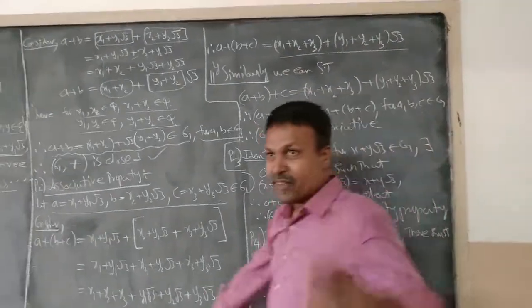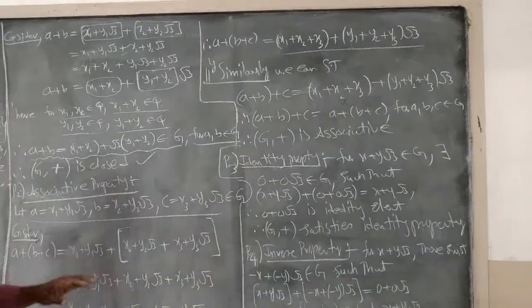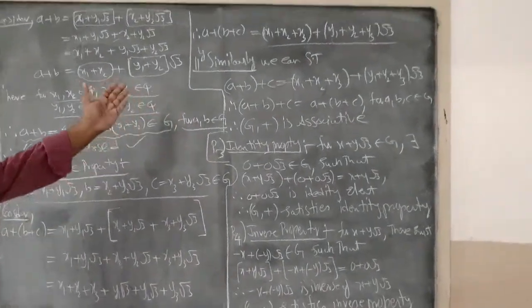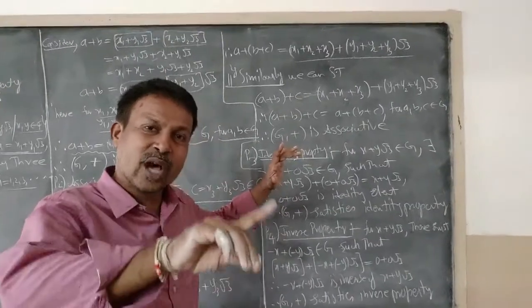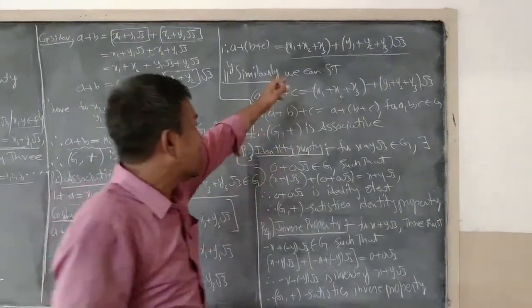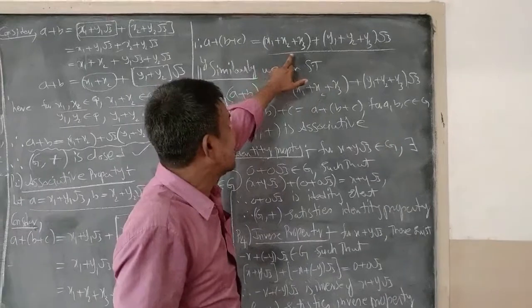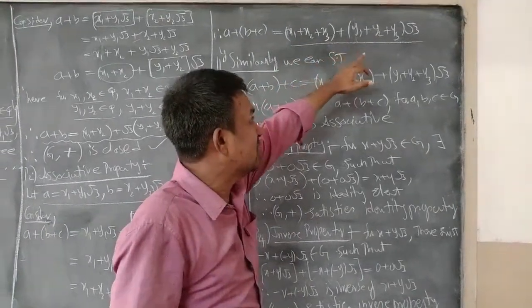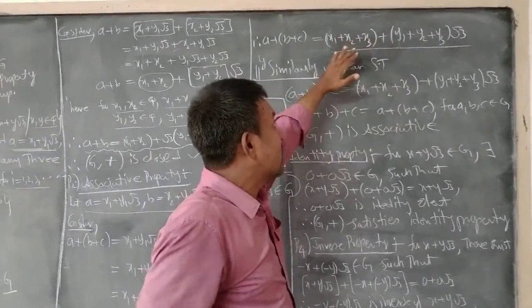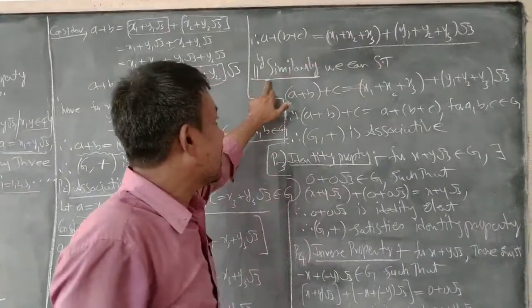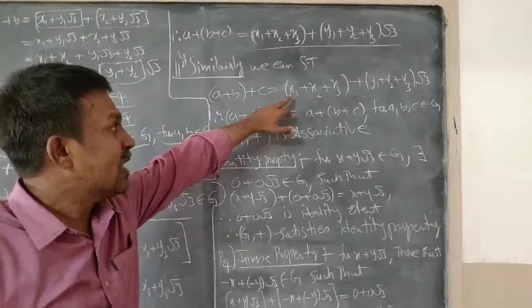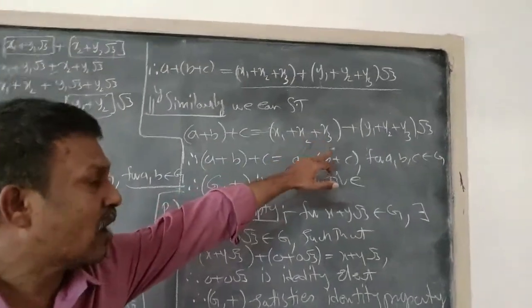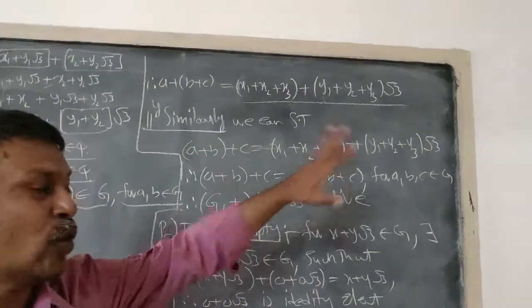In the same way, if we take the right hand side part of associative property, that is (a plus b) plus c, and substitute the same values of a, b, c, then we get the same value, (x1 plus x2 plus x3) plus (y1 plus y2 plus y3) into root 3. Therefore, similarly we can show that (a plus b) plus c is equal to (x1 plus x2 plus x3) plus (y1 plus y2 plus y3) root 3.